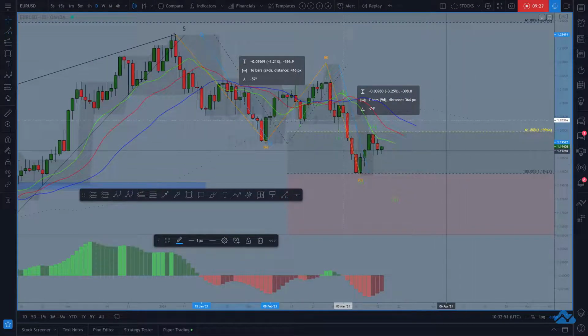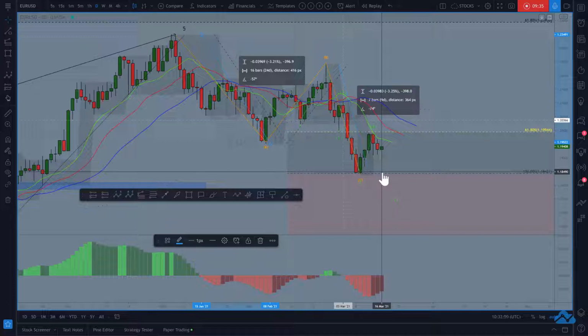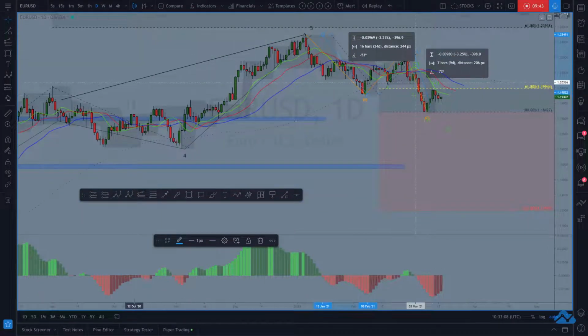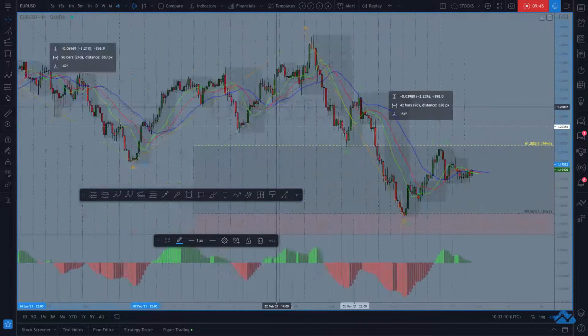That's what we mean when we say fib expansion 100. That means this move and this move are exactly the same. So that's the drawback, because once it happens, it actually indicates that ABC has ended. Now, if you were to ignore that and then you go to the 4-hour chart, you have a short setup.